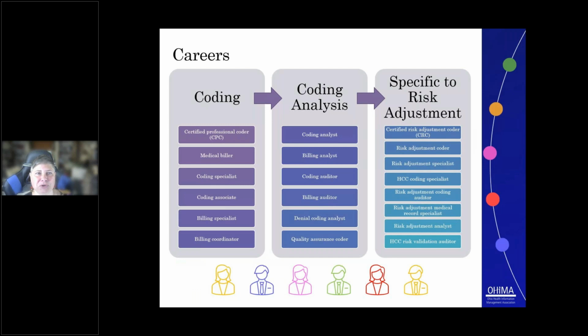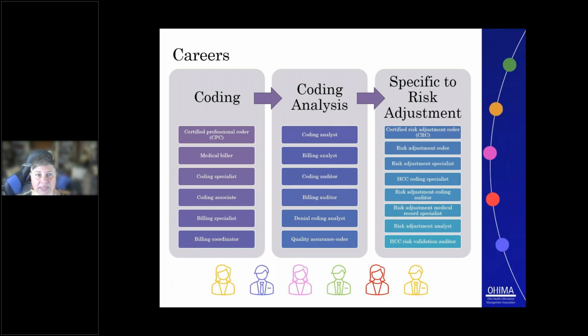There are many potential careers for HIM professionals in risk adjustment. This graphic shows 3 different career pathways. And the first is coding, second coding analysis, and third is careers specific to risk adjustment. Careers in coding or coding analytics all involve risk adjustment or touch risk adjustment in some way.